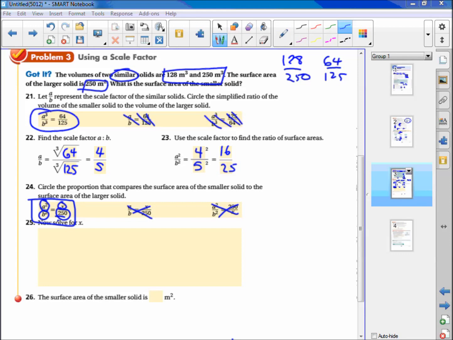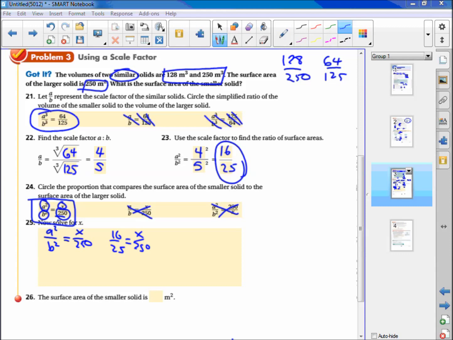So we want to solve this proportion. We have A squared over B squared, our surface area ratio, is x to 250. We can plug in what we knew for our area ratios, which was 16 to 25, is x to 250, and then we solve this.